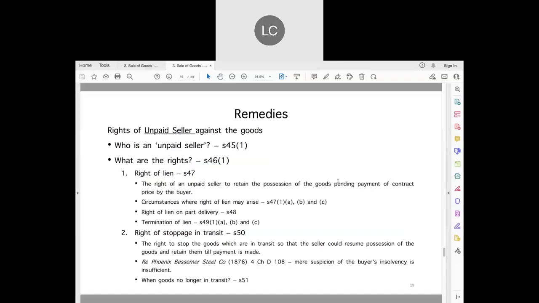Of course, when the goods have reached the buyer or the agent lawfully, then the seller would not be able to exercise his lien anymore over the goods. And the possession here refers to physical possession. So to end the seller's right of lien, the buyer must have taken actual control of the goods.